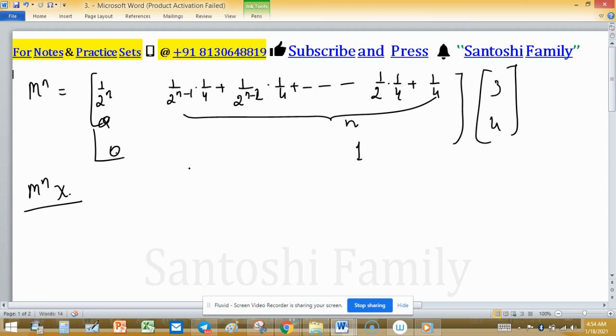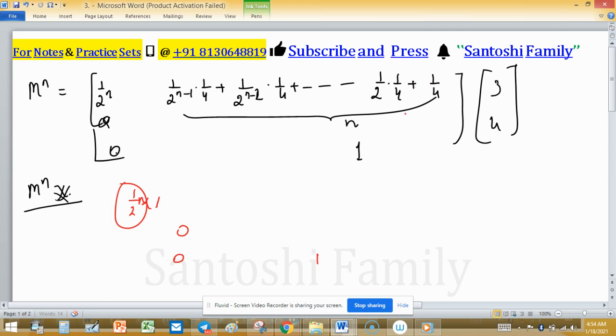So indirectly I will apply the limit concept either later or earlier. It doesn't alter the answer. So the limit over this one. The limit of the first element will be 0 because 1 upon 2 is less than 1, and if we raise it to the power n, then this one will go to 0. So the limit of the first element is 0, and the limit of 0 is 0. The limit of the fourth element is 1.